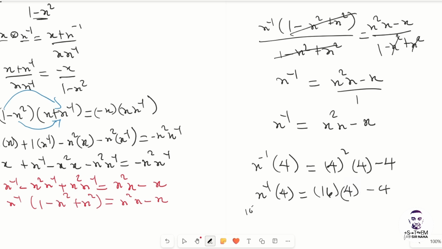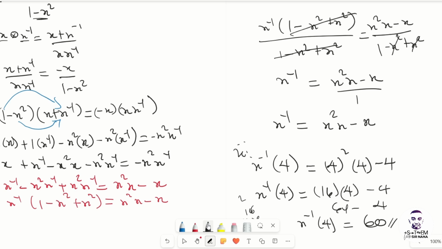So 16 multiplied by 4 will give us 64, minus 4. So it means our inverse of 4 should give us 60. So this is our part two where we found the inverse of 4. And we've been able to find our inverse to be equal to x squared x minus x.